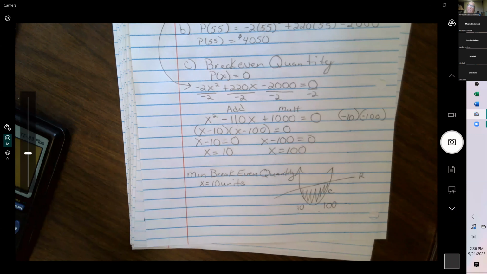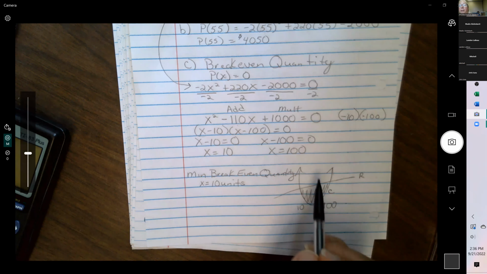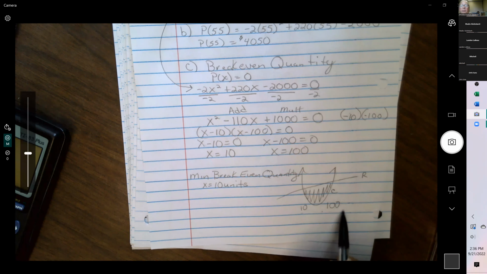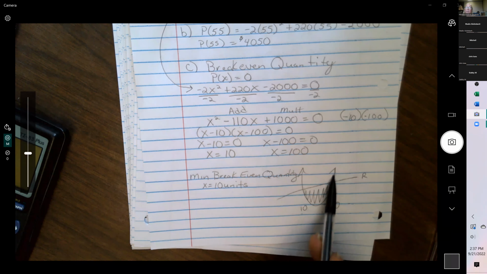So if this is an iPhone 5 we were talking about, once we get to 100 units, whatever the units are, it could be thousands, we need the new one. They use projections like this to see how much time they have before they need a new one to come out, because this one's going to start losing money. They're not going to produce it anymore.